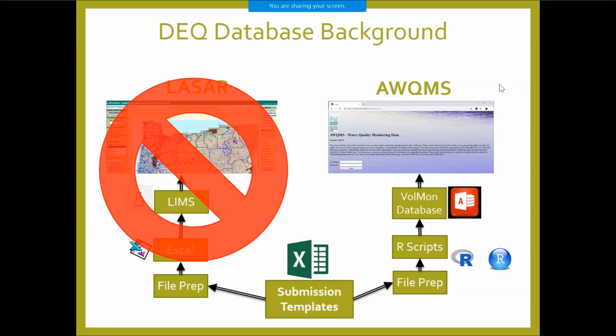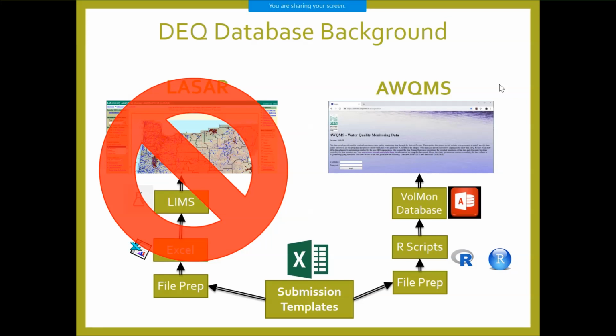There's some station creation that we have to do, and some file preparation that we do to take a little bit of the burden off of the data provider, so that we can feed the data into the scripts we've developed that help us process the data. Then we feed the data into a local database, which is migrating to a SQL database actually, that we use to review the grab water quality data.